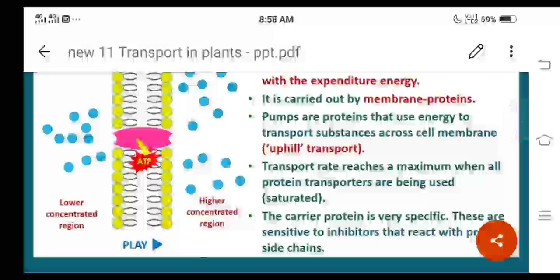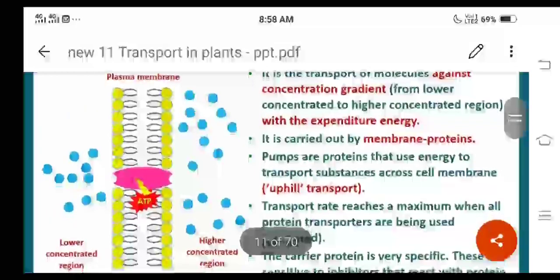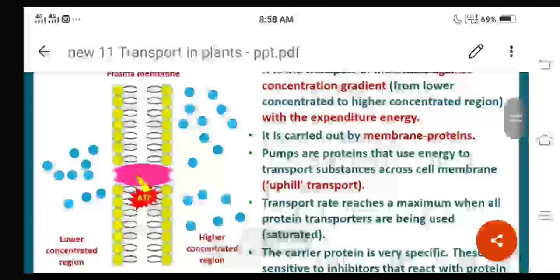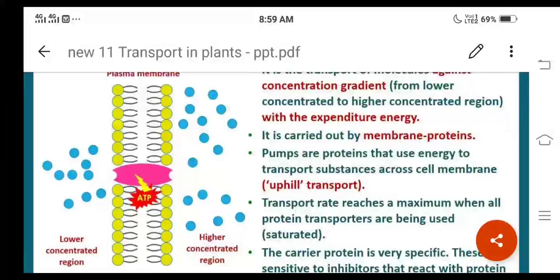And in the given diagram you can understand. This is the plasma membrane. At one side, what we mentioned, lower concentrated region, this is outside, and inside, higher concentrated region. The movement of the substances will occur from lower concentrated region to the higher concentrated region through the carrier protein.